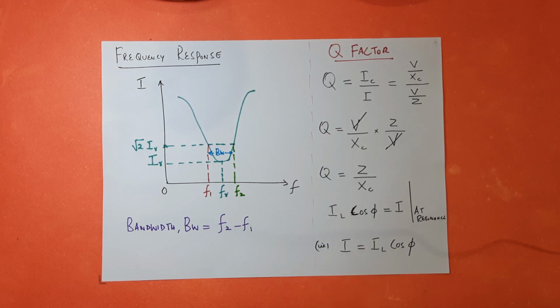So Q equal to Z by XC. And again at resonance the circuit current equals the horizontal component. So IL cos phi equal to I. In other words, I equal to IL cos phi.